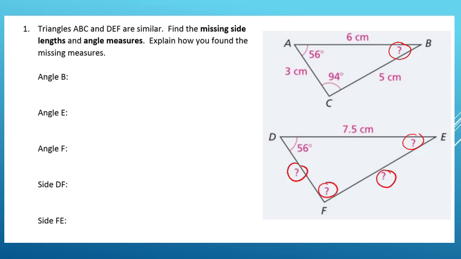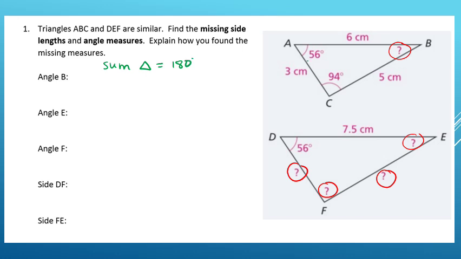So let's start by solving for angle B. Take a moment and think about how you would find angle B. In order to find angle B, you're going to need to think about the sum of angles in a triangle. And I'm sure you remember the sum of angles in a triangle equals 180 degrees.